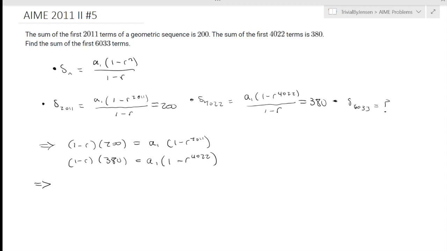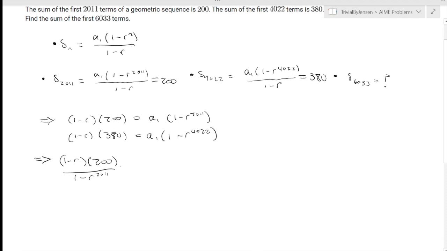Now, in order to solve for a1, we have 1 minus r times 200 over 1 minus r to the 2011 equals a1. And we also have 1 minus r times 380 over 1 minus r to the 4022, that's also a1.